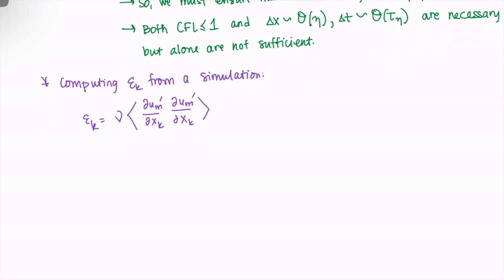So this means that we essentially have a double summation here. We have m going from 1 to 3, and k going from 1 to 3, of nu times the average of partial u_m prime partial x_k, times partial u_m prime partial x_k, right?